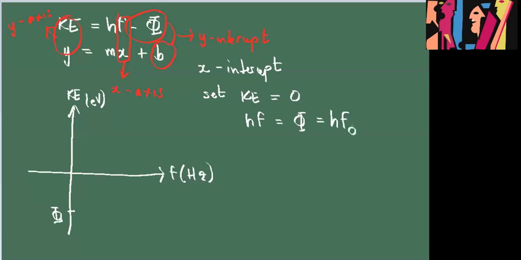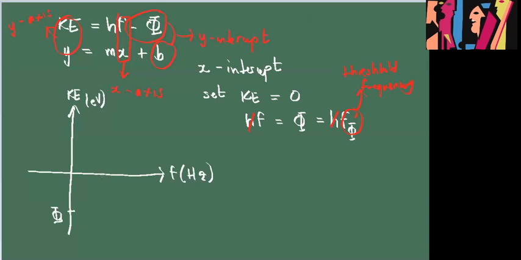But hf now here being our so-called threshold frequency, right? That's a threshold frequency. We can get rid of the f's and find that the so-called x-intercept is the threshold frequency.